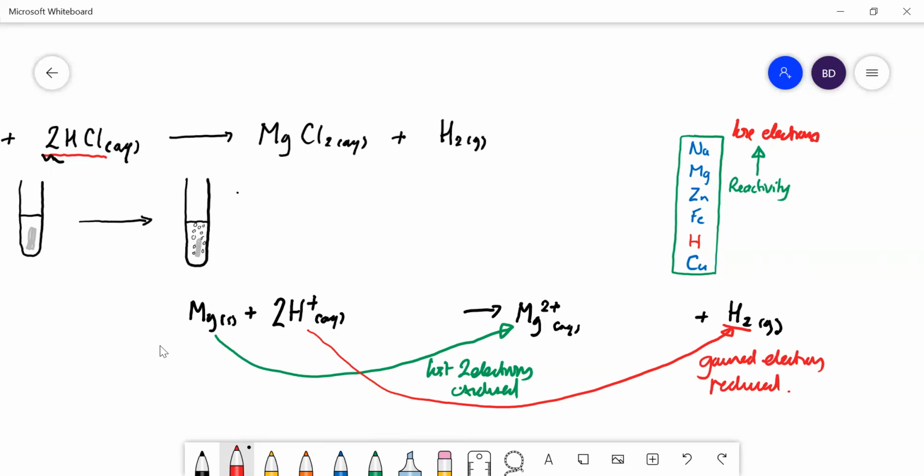And the converse of that, if you get the metal ions, so if I write down the ions you have for these, sodium forms an Na+ ion, magnesium forms an Mg2+, zinc 2+, iron 2+ usually, sometimes 3+, hydrogen H+ ions, and copper 2+ ions. Well, these positive ions, they've all got some tendency to accept electrons. The copper is quite keen on accepting electrons, whereas I think the sodium at the top there really does not want any electrons at all. Okay, so you've got 2 different trends, one gaining electrons, one losing electrons there.